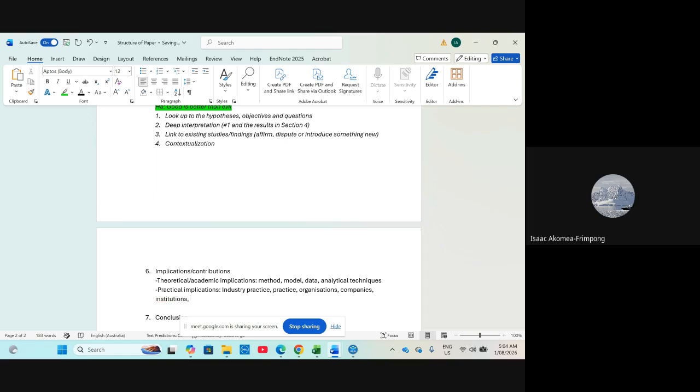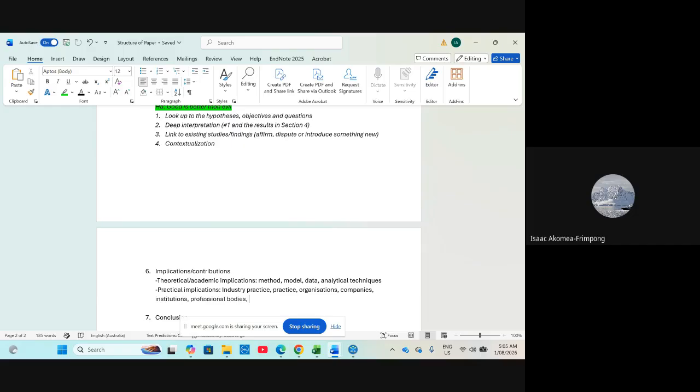And then you also talk about professional bodies. How is this study going to help those people? What can they look up to, or what do they stand to gain from your research? What is the impact? What is the importance? What is new that those in the industry can take from your study? You need to discuss it.